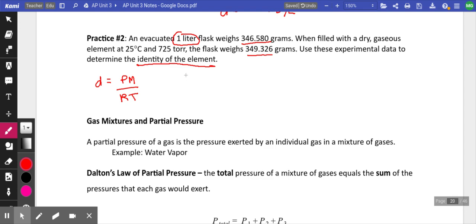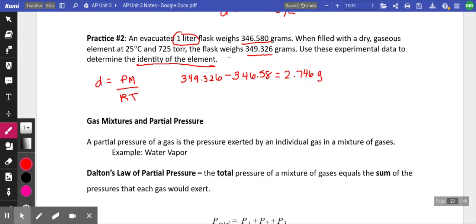To get the mass of the substance, I take the mass of the flask with the substance, 349.326 grams, and subtract the mass of the empty flask, 346.58 grams, which gives me a mass of 2.746 grams.